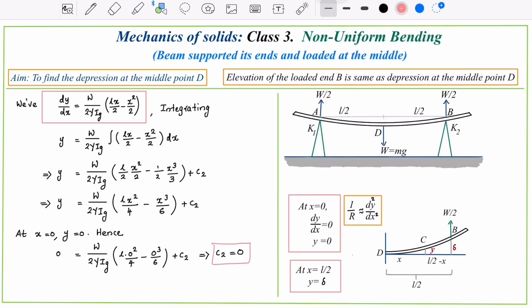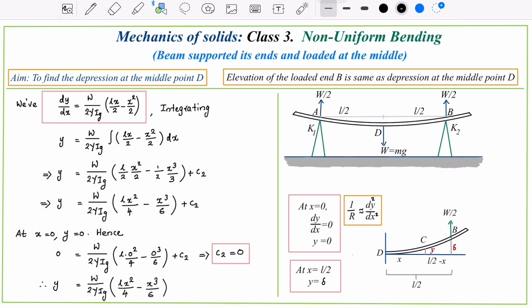When C2 is equal to 0, the expression for y becomes y is equal to w divided by 2YIg into lx square by 4 minus x cube divided by 6.